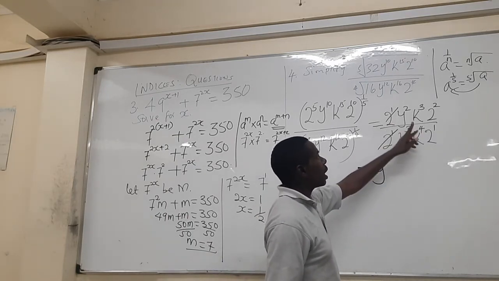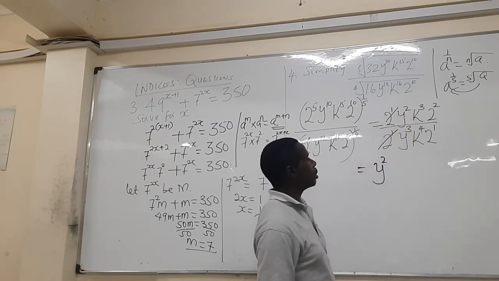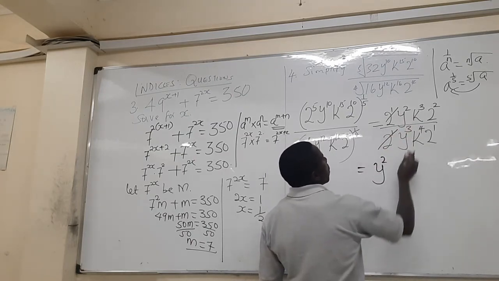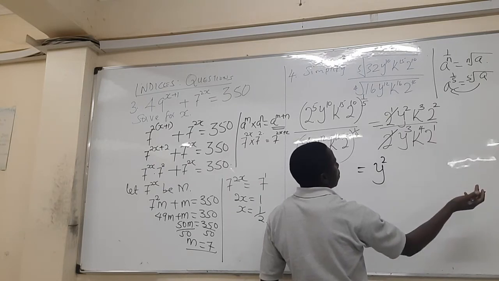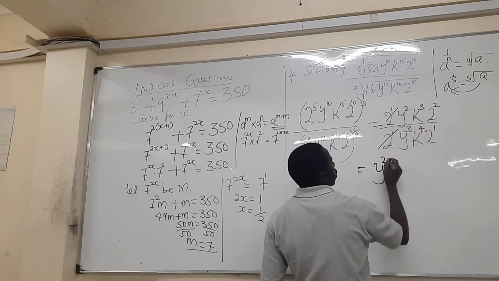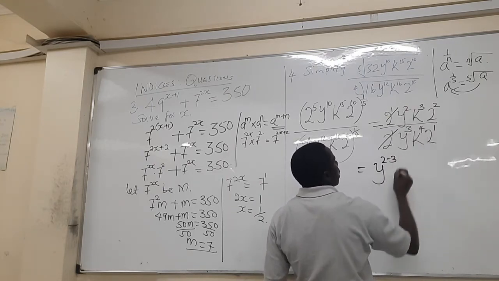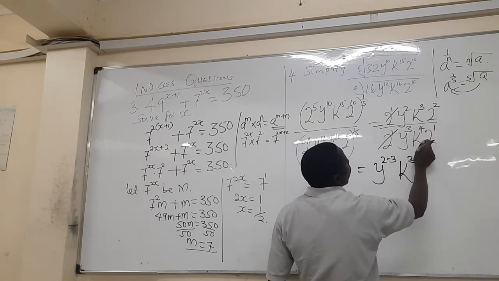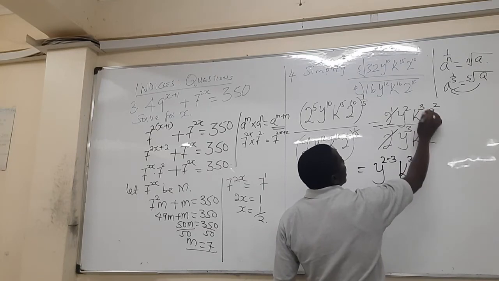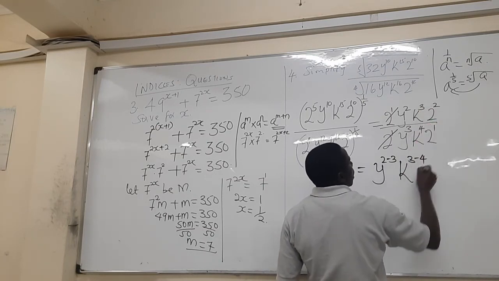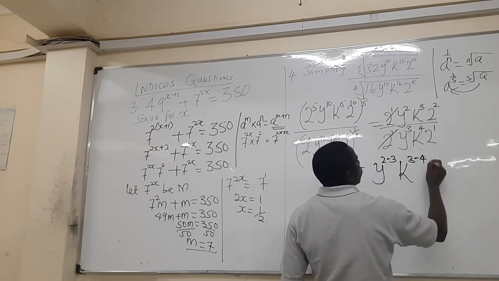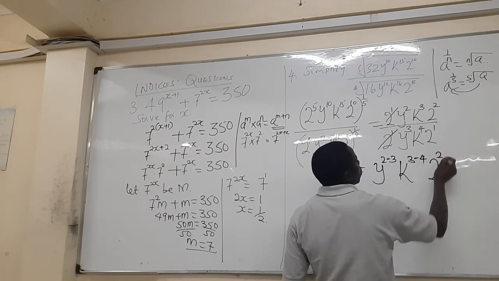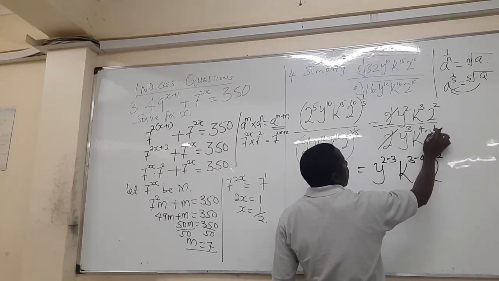So we have y squared in the numerator and y cubed in the denominator. So when we are dividing, we subtract the power. So 2 minus 3, and then k. In the numerator, we have k power 3 divided by k power 4. So we get 3 minus 4. And then lastly, we have 2 power 2. Then we divide by 2 power 1. So we subtract the power, 2 minus 1.